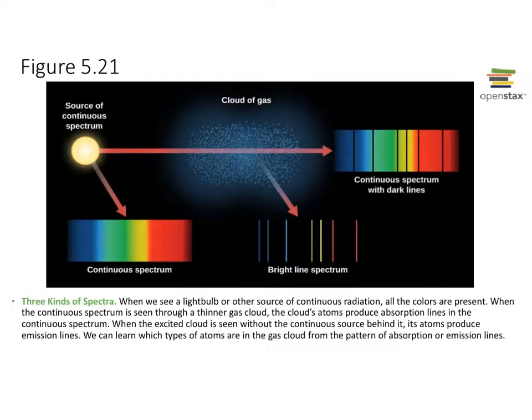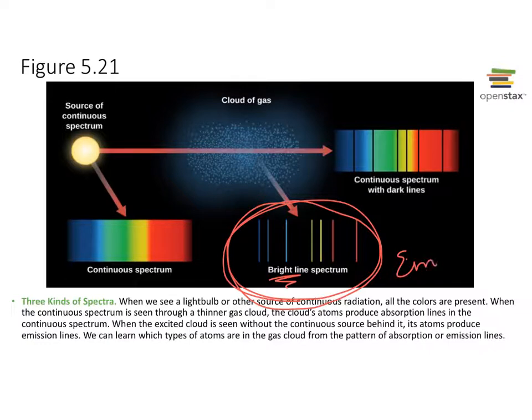So what we just saw, where excited electrons are going back down to lower energy levels, gives us these bright line spectra. These are sometimes called emission lines. If you're taking a test and I forget to use both terms, that might be a thing you can ask me about.